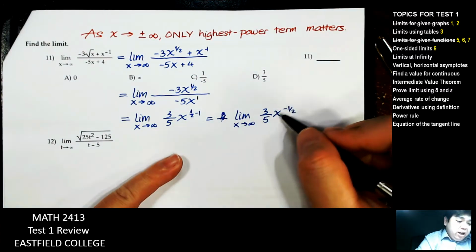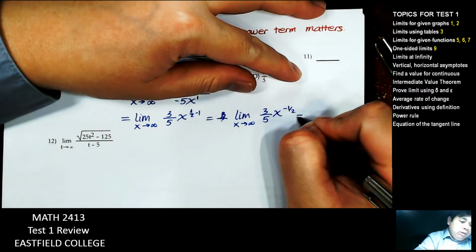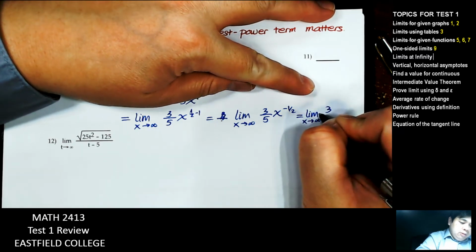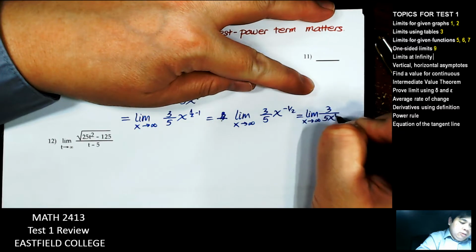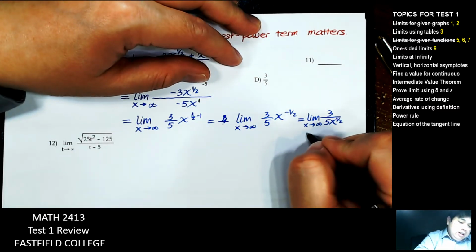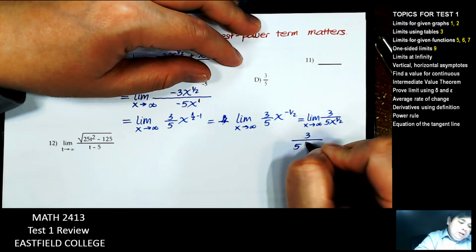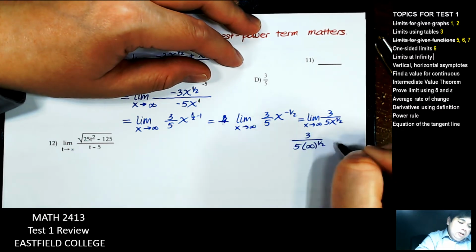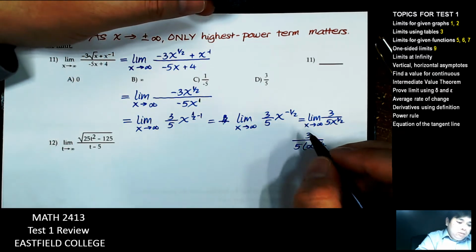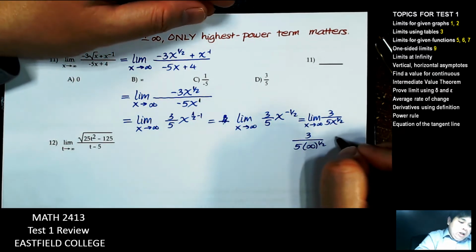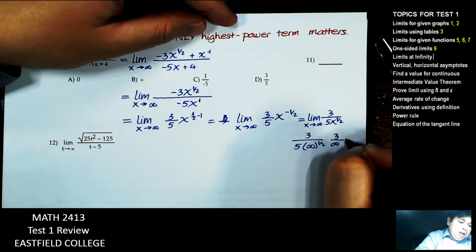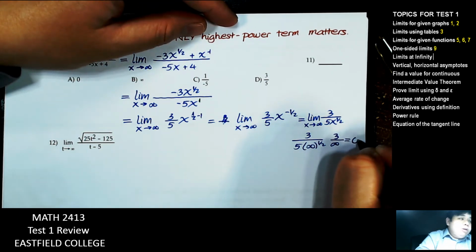Of course, this negative 1/2 exponent we can move down to the bottom. And now if we put infinity in it, that is positive, and the top is 3. So we have 3 divided by infinity, which is going to be 0.